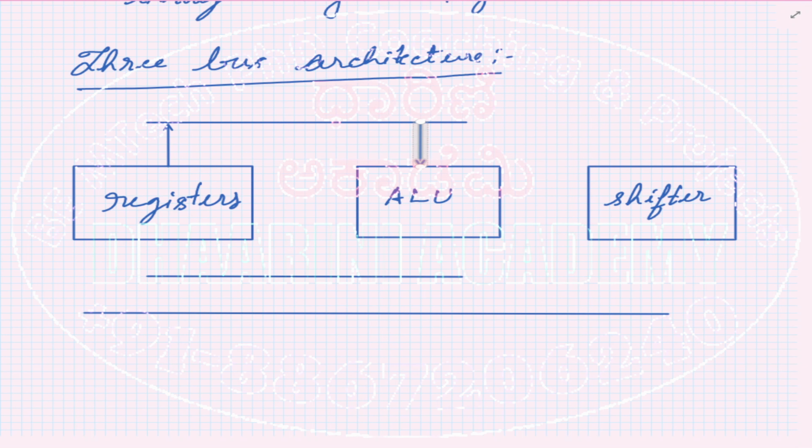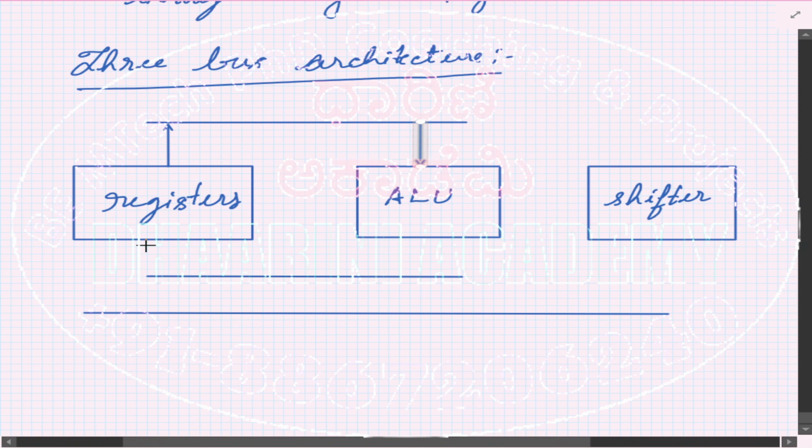The other diagram which we had drawn earlier used a 4-bit, 3-bus architecture. Okay. First connection, second connection. This is the third connection, and this goes out, this comes in.